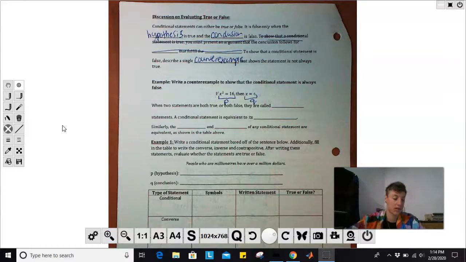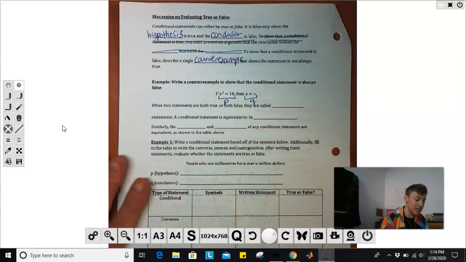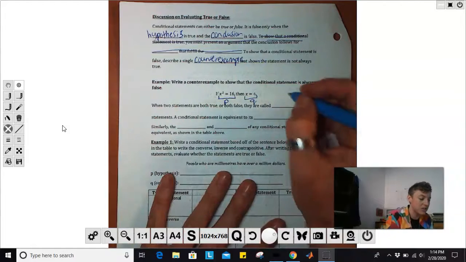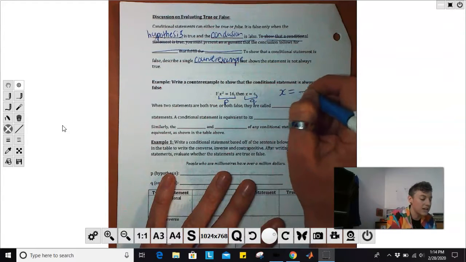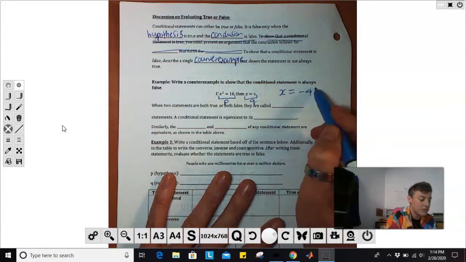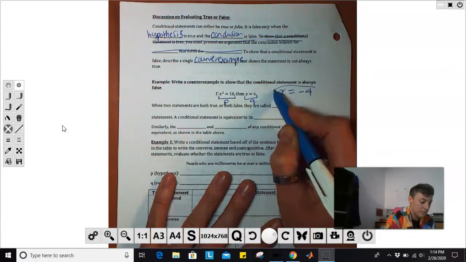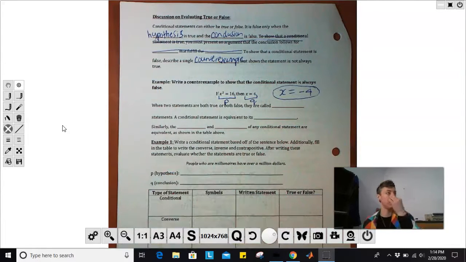What's negative 4 squared? Positive 16, yes. So x could equal negative 4. This is our counterexample. It's a statement that proves that that conclusion is false. So if x squared equals 16, x does not have to equal 4. It could have equaled negative 4. This kind of problem will show up a bunch, like on your next test, which won't be for a while, but this kind of problem will be on there for sure.